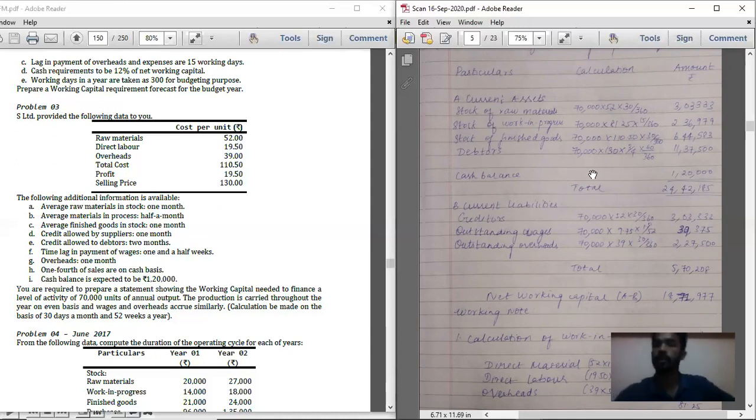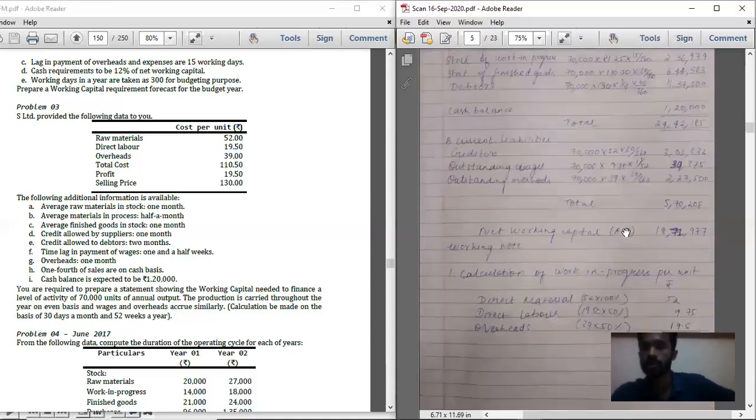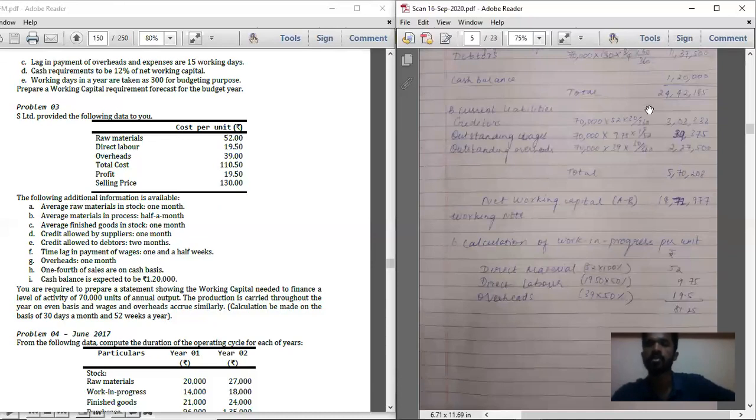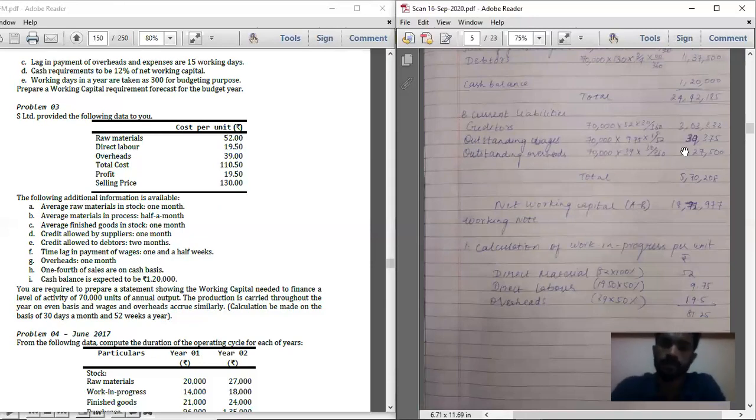So 24,42,395. That is the total current assets. In respect of that, 24,42,395, put total.